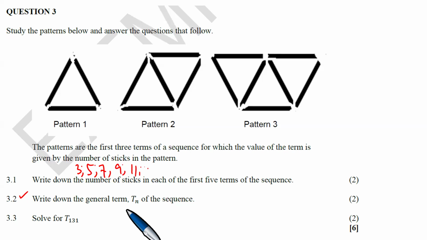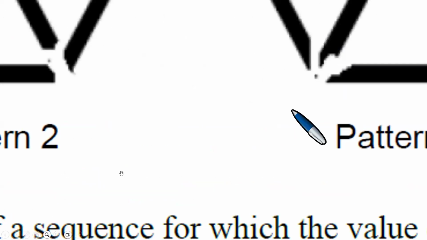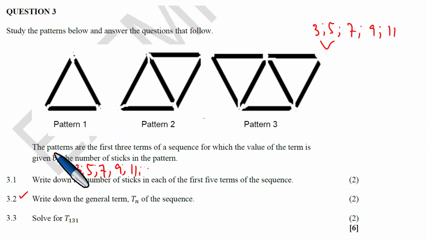What is the general term of the sequence? Right, so if you have 3, 5, 7, 9, 11, what is the general term of this sequence?